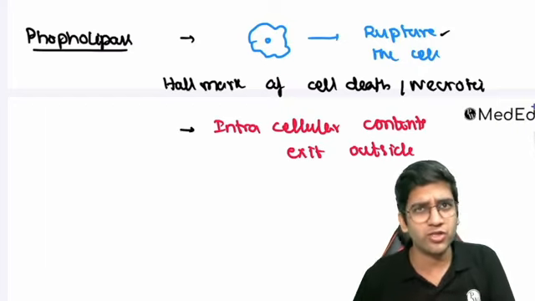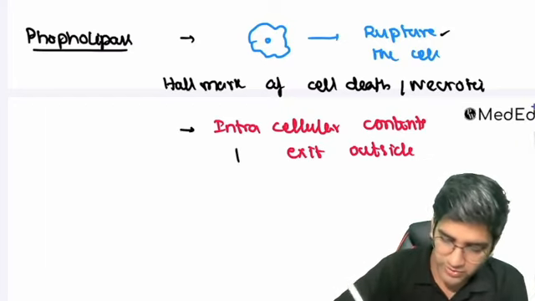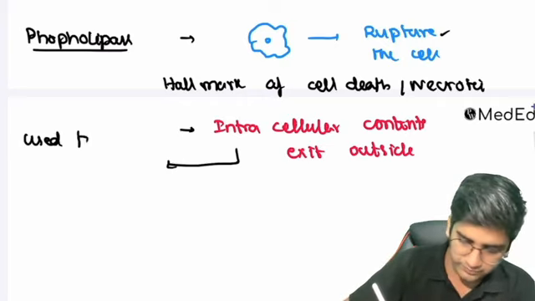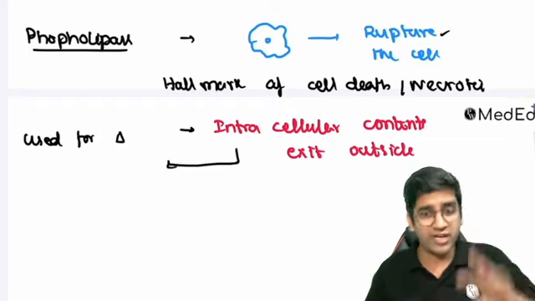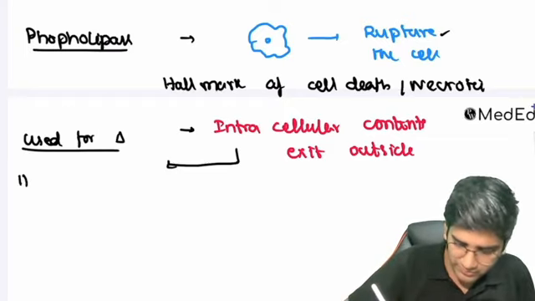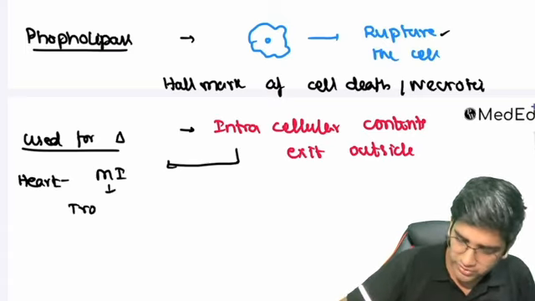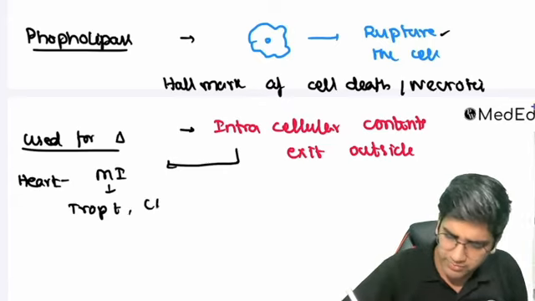You must have read that in physiology itself, right? So the intracellular contents come outside, and these contents are used for diagnosis. It will definitely be used for diagnosis, not just heart. I just gave you an example of heart. In MI, you'll have your troponins, trop T, trop I, and CKMB.